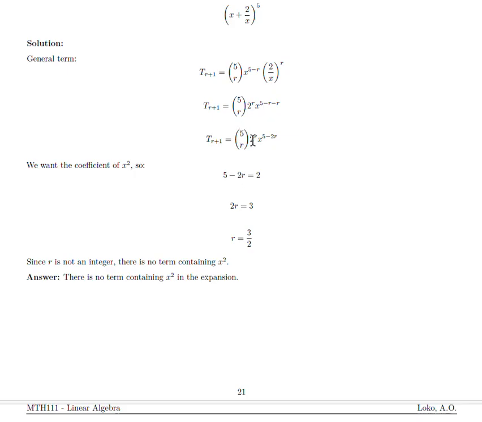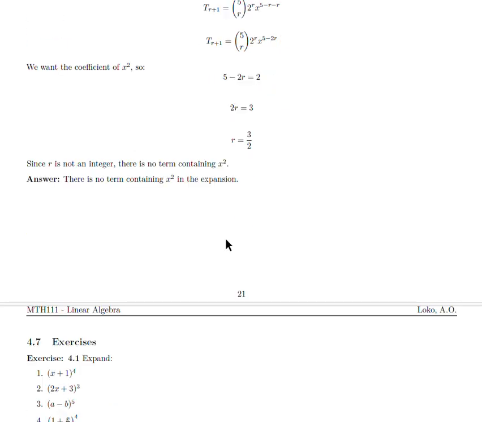There's nothing like 5 combination 3 over 2. But let's say we got r to be a positive integer, then we'd be able to proceed from this point. So we conclude that there is no term containing x squared in our expansion.